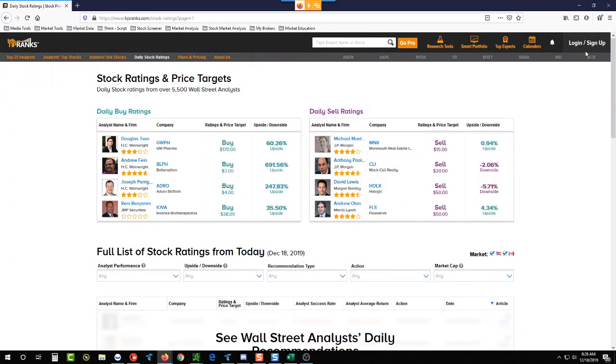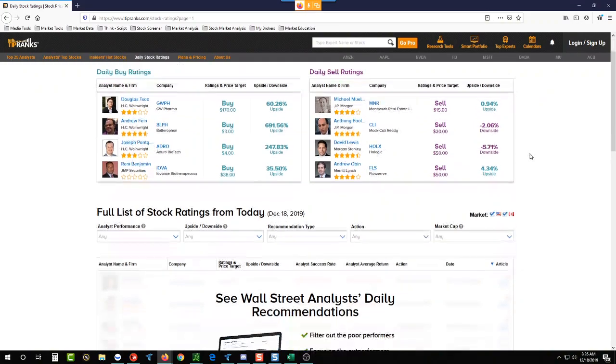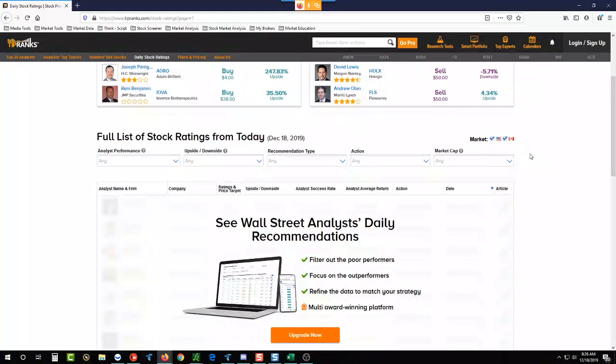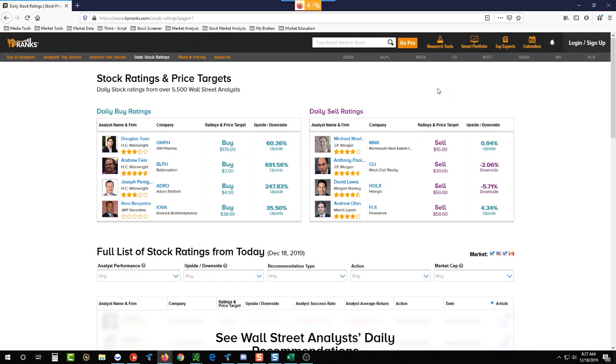Now, this is the free version. You can see I'm not signed in. I don't have an account with them. If you were to get an account, you would have access to more tools, more research, whatever. But even just the free stuff alone, you can get some trade ideas, get alerted to things that could potentially move today.